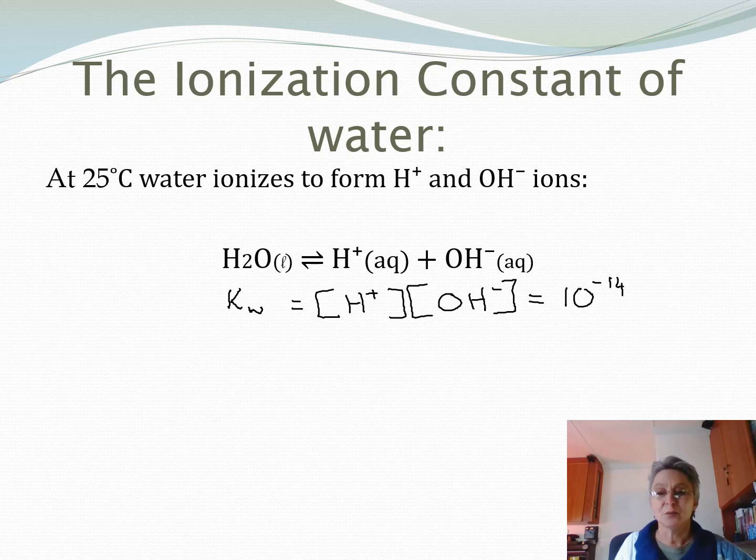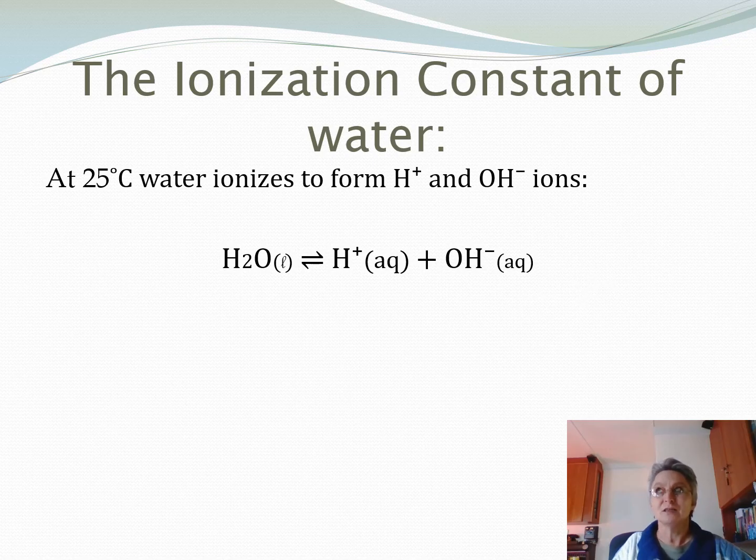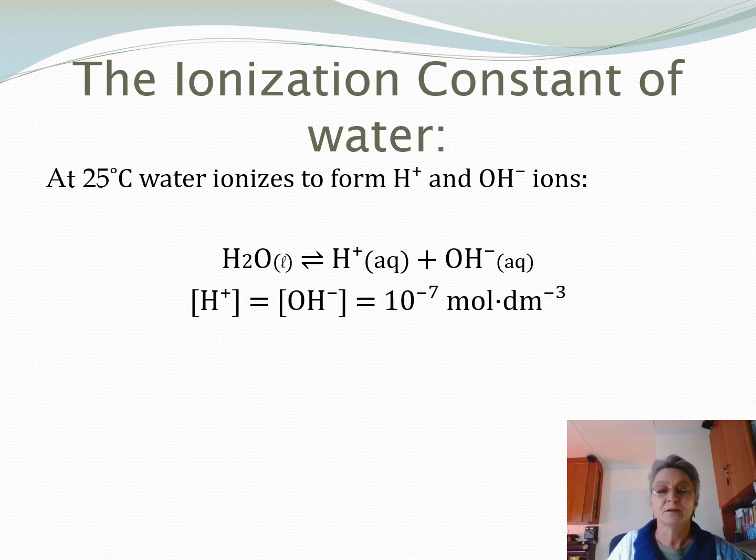And I'm going to show you something in the next chapter when we see each other again. So it's Kw for water. The concentration of the hydrogen ion is always equal to the concentration of the hydroxide ion in the water, because the mole ratio is 1 to 1.